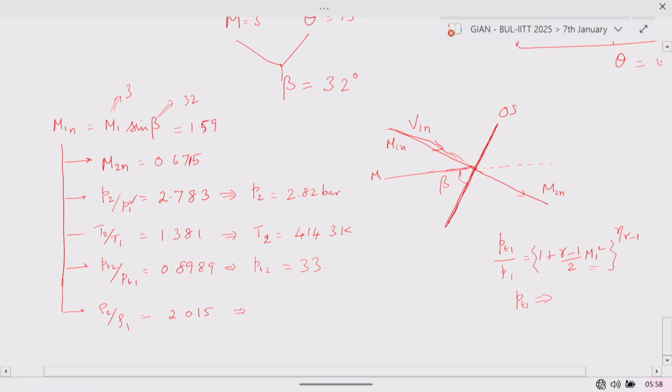Did you use the value of Mach number 3 here? That P1 by PT1 relation for 1.59 Mach. Yeah, but listen, here we are looking at a problem. Let me look at it here. So here is the oblique shock.